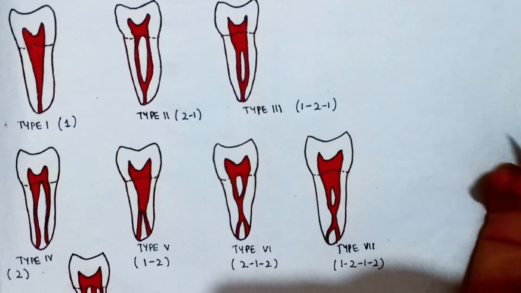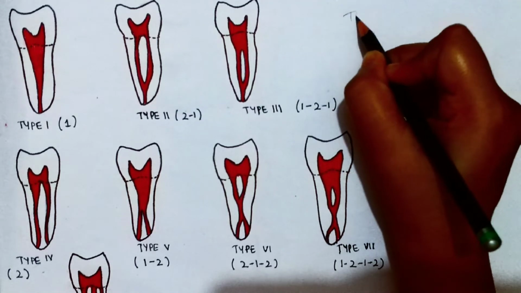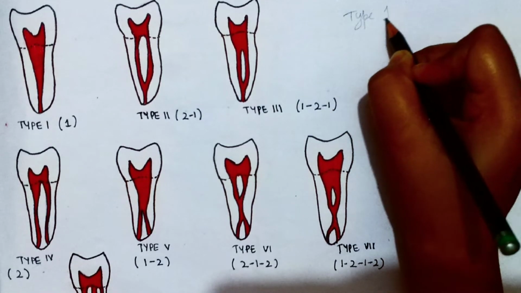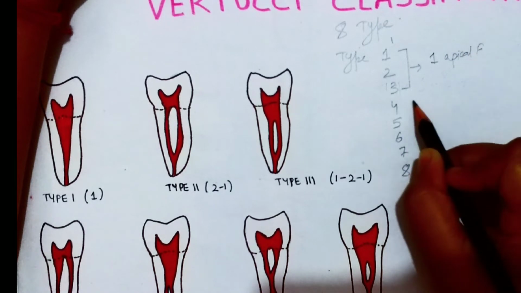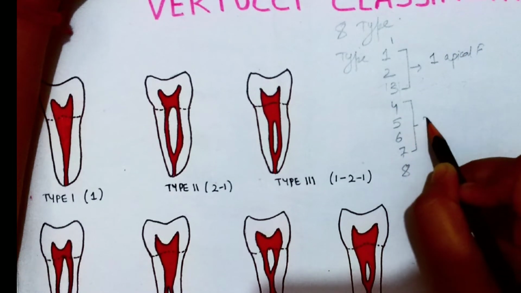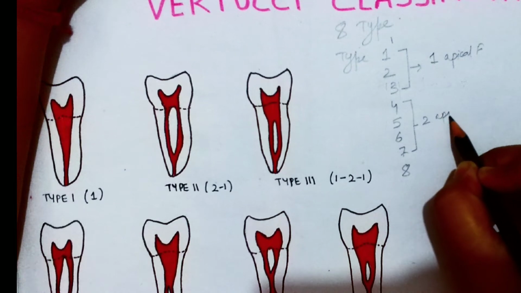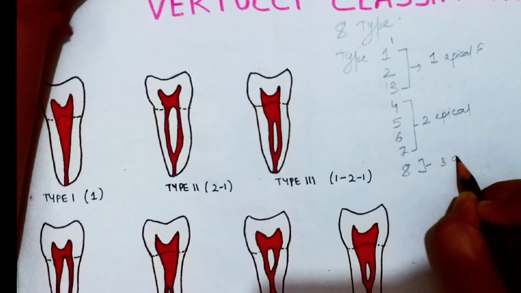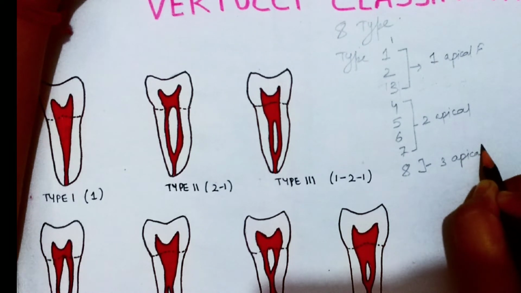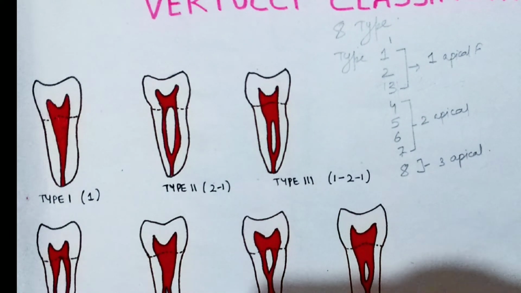So from type 1 to type 3 we have only one apical foramen, then from 4 to 7 we have 2 apical foramina, and type 8 has 3 apical foramina. I have divided them into 3 different groups according to apical foramen.